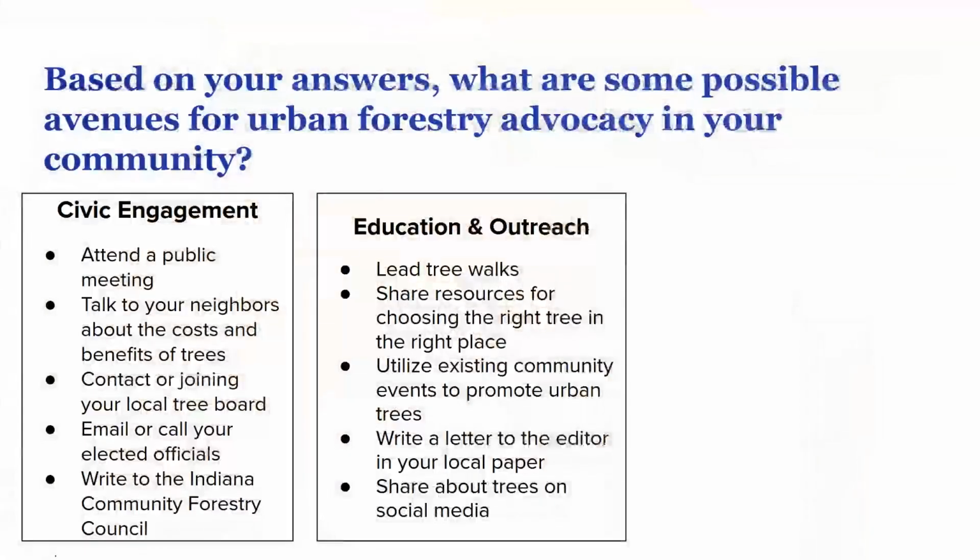This is a big one, utilizing existing community events. So, we're talking about there's problems with applying for grants because we don't have capacity. Well, you can help offload your capacity if you utilize existing community events. And every single community I've talked to, when I've said this, I'm like, I'm sure there's this event that happens every year that you could table at as a tree board.